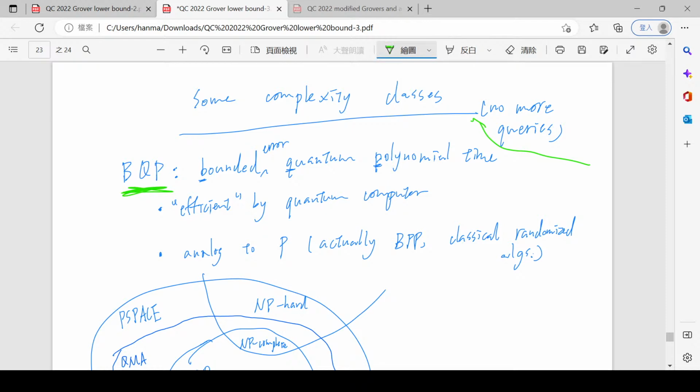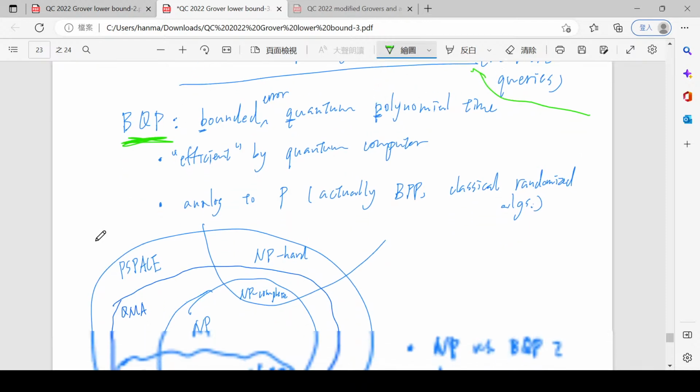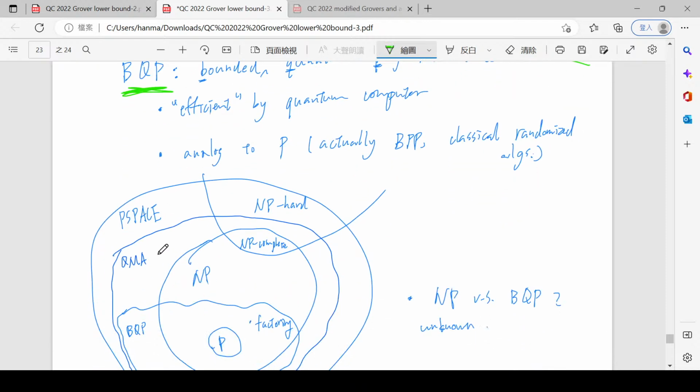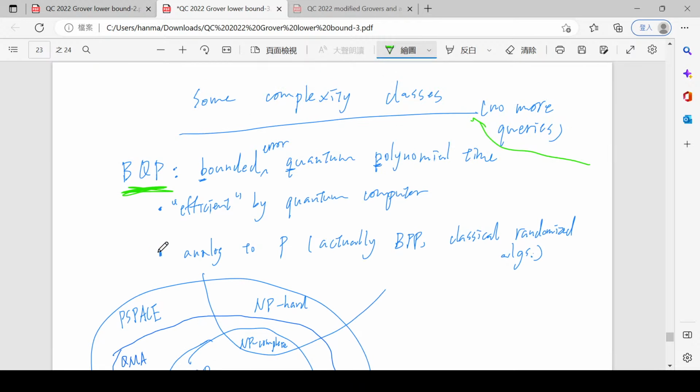Most famous is BQP. It's basically a quantum version of P. At a very high level, this class is the set of questions that can be efficiently solved by a quantum computer. The full name is bounded error quantum polynomial time.